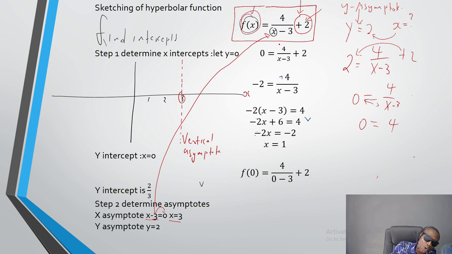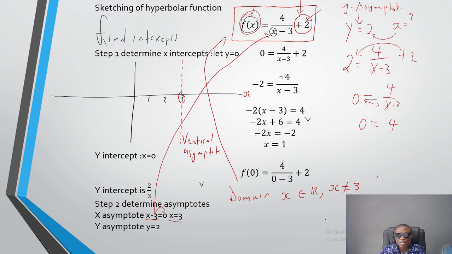Now, before I go to sketch the graph, in a hyperbola function, if they ask you what is the domain of this function, you say x can be any number. x is an element of real numbers, but x should not be 3. So the function is defined for all values of x but 3.